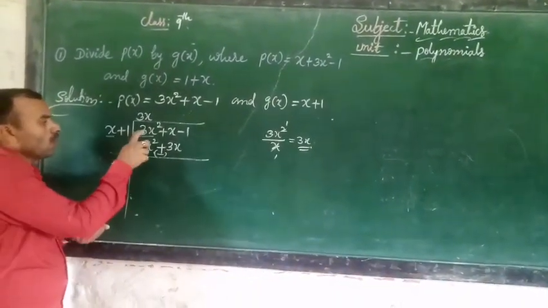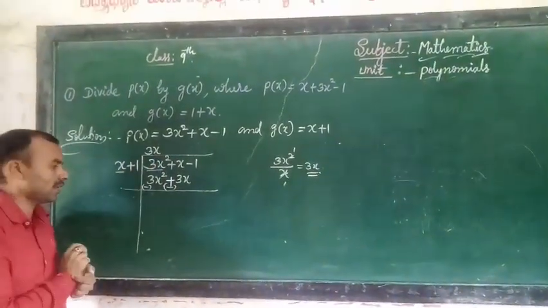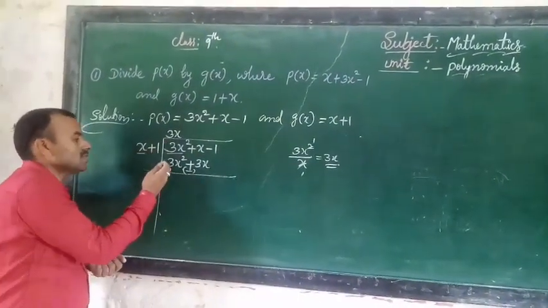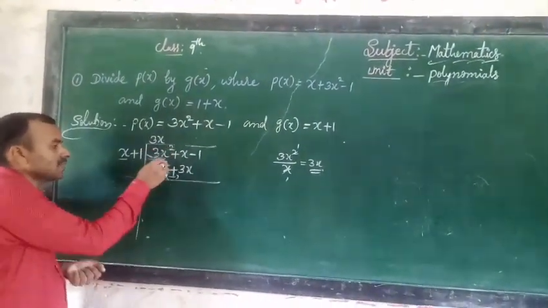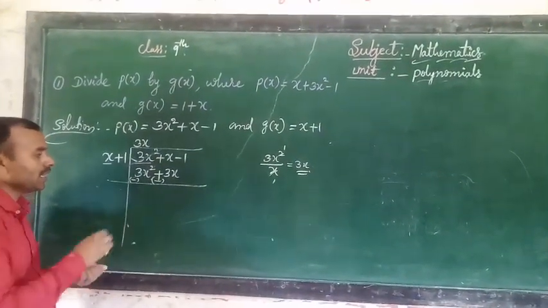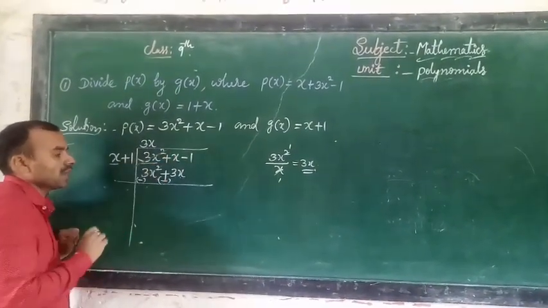Here the coefficients 3 are the same, the variables x square are the same, the powers are the same and the signs are opposite. We easily cancel plus 3x square and minus 3x square. Here minus 3x and plus x: we have to subtract these two.